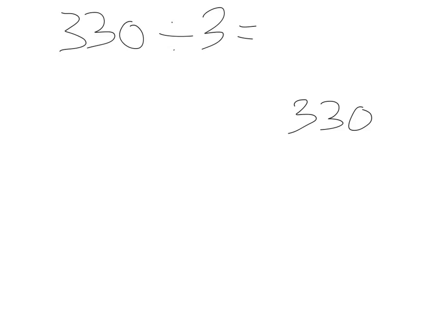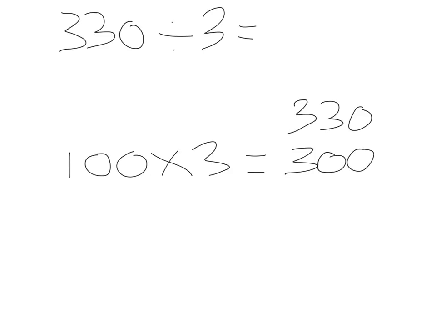Using my knowledge of the 3 times table, I know that 100 times 3 is 300, because I know that 10 times 3 is 30. So 100 times 3 equals 300. I subtract that 300 from 330, and that leaves me with 30.